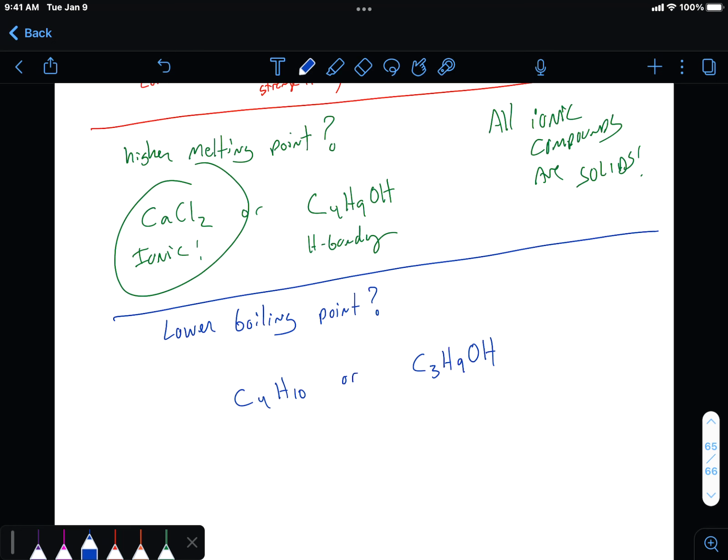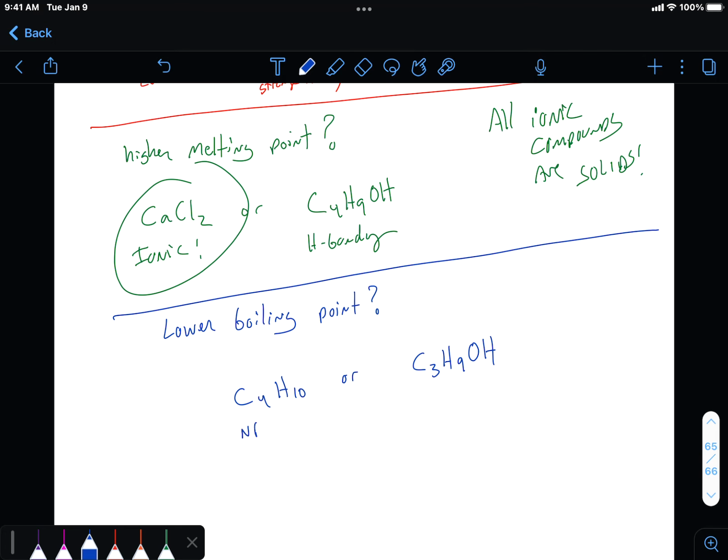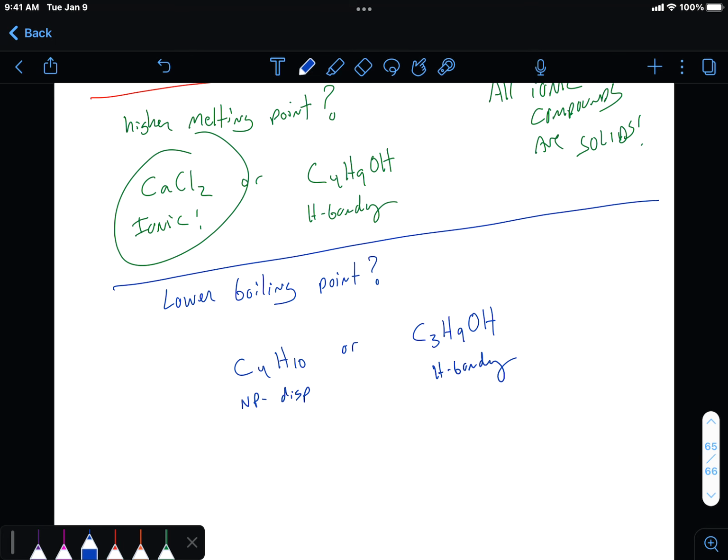Ben? C4H10. Why do you say that? Because it has dispersion. Okay, it's nonpolar with only dispersion forces, right? Well, what's going on with the other one? What does it have? Yeah, hydrogen bonding. Okay, so we've established what they have. So tell me, why does C4H10 have a lower boiling point? You're right, but why?